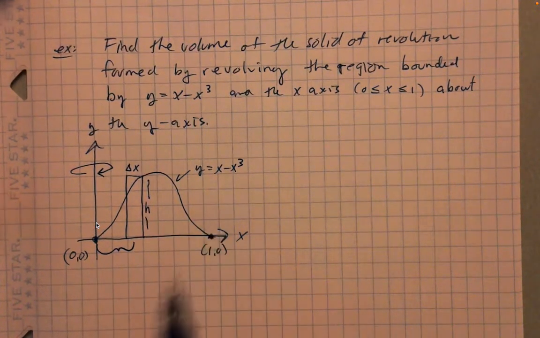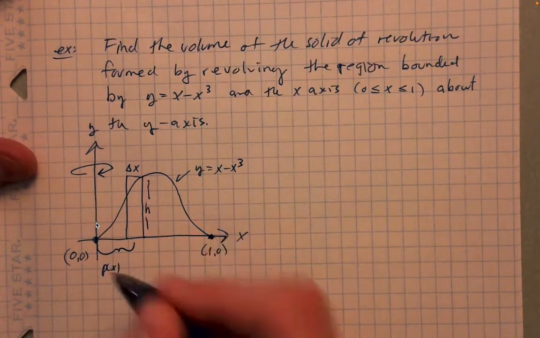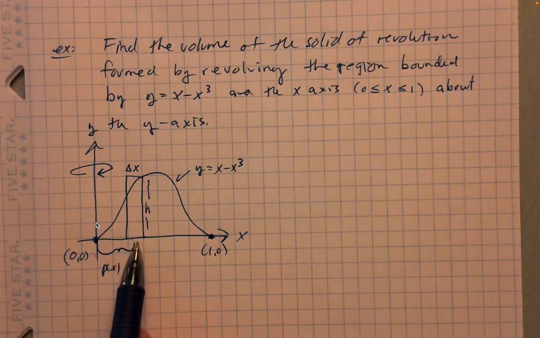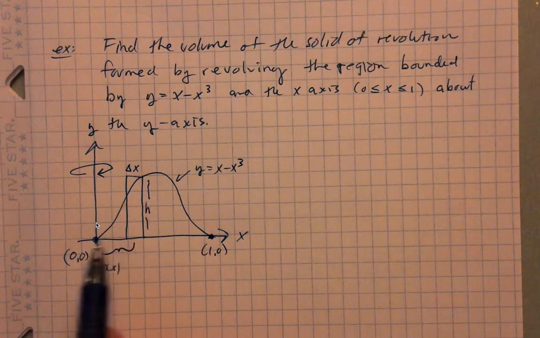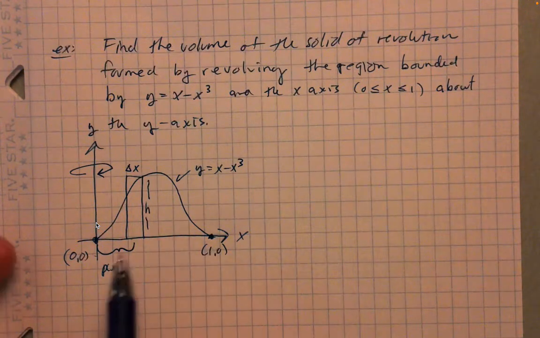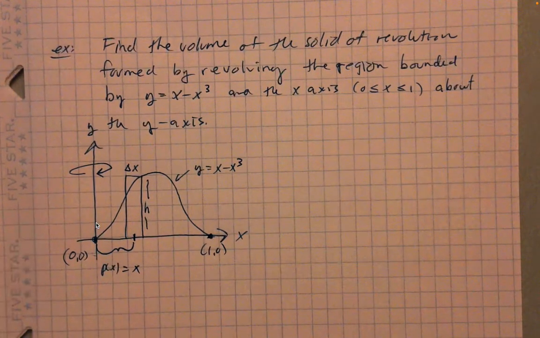What's our p function? What's p of x? How far away from the axis of rotation is each of the radii? Well, it's just x, isn't it? However far this happens to be, it's just going to have a value x. So the average radius function p here is just x, and that's going to be true in a lot of cases, nearly all of them.